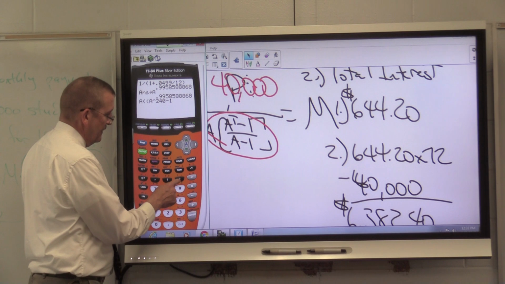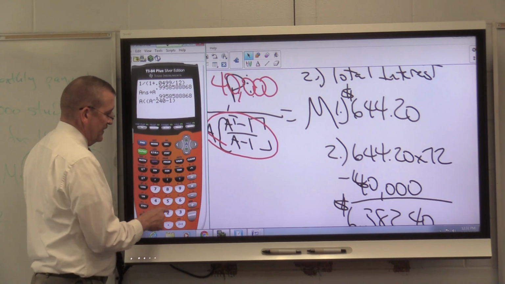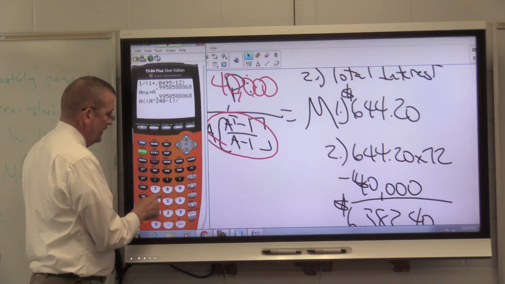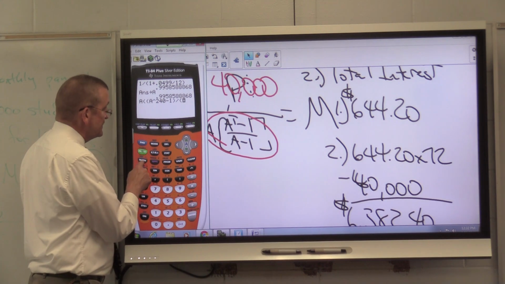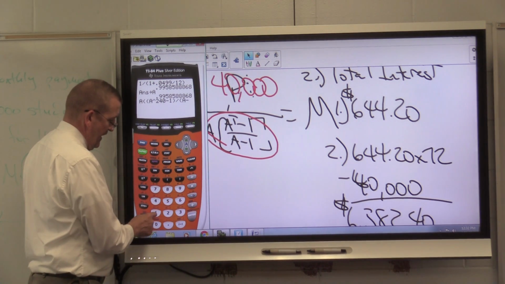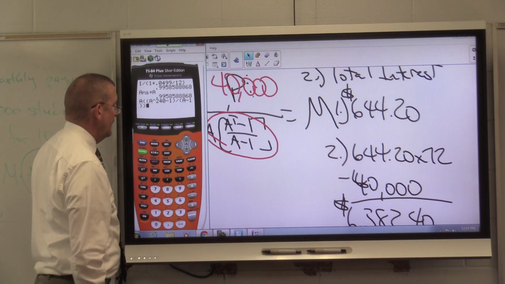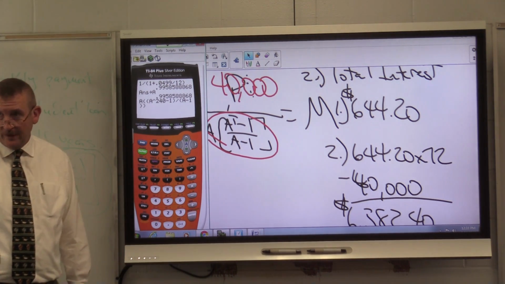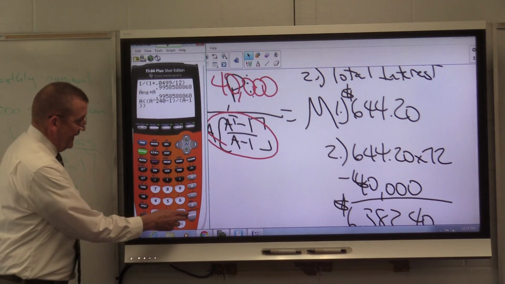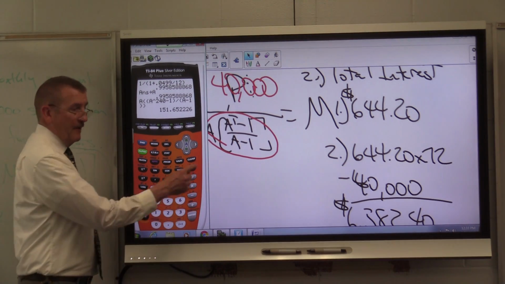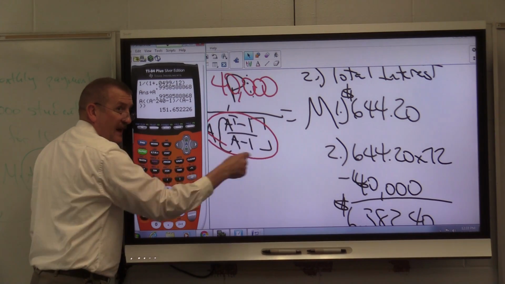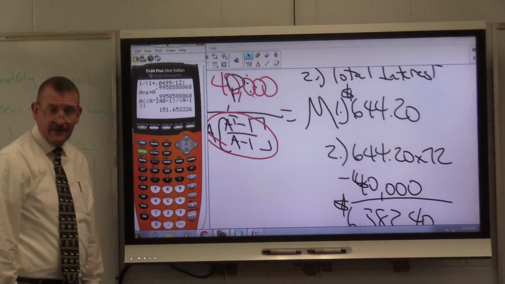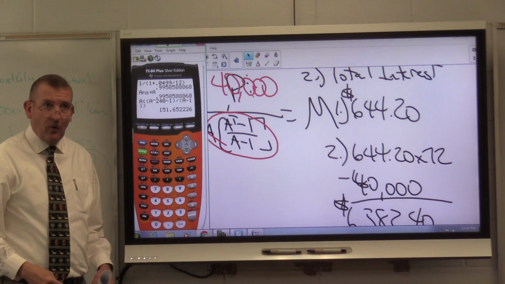Minus 1. Close my parentheses. That's the numerator. Divided by parentheses A minus 1. And then close both. Okay? Then I hit enter. And remember, everybody look, that's the value of this. Correct? So what do I do now?